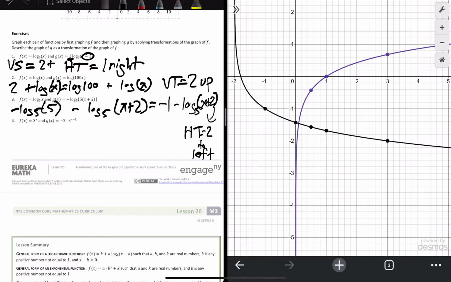But let's deal with this negative right here. What does that tell us? That tells us that it's going to be reflected over the x. And then this -1 here is a vertical translation, and it's going to go 1 down, right? Step 1 down.